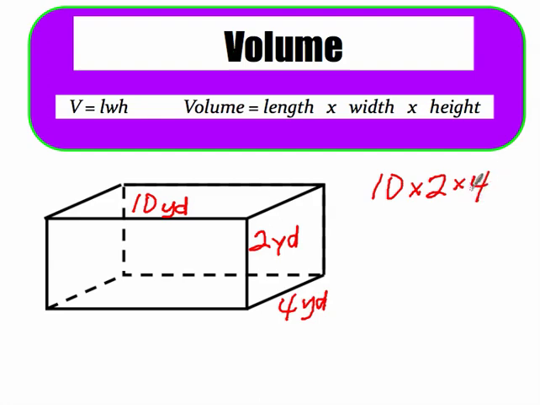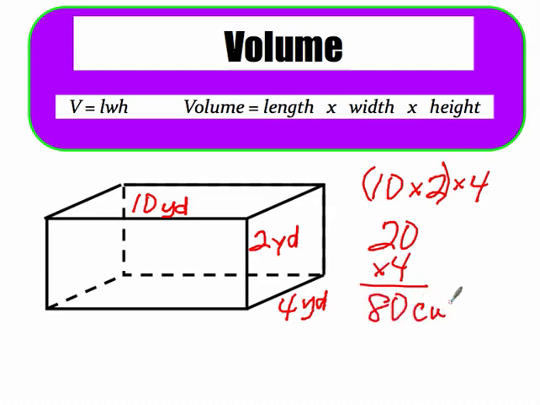And if you thought the 2 should have been the 4 and the 4 should have been the 2, it doesn't matter as long as you multiply all three numbers. Remember, we're not adding them all, we're multiplying them. So I'm going to use parentheses to help me out. 10 times 2 is 20, and 20 times 4 is 80. 80 cubic yards.